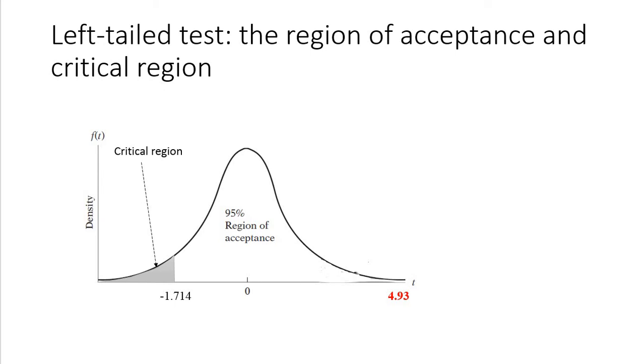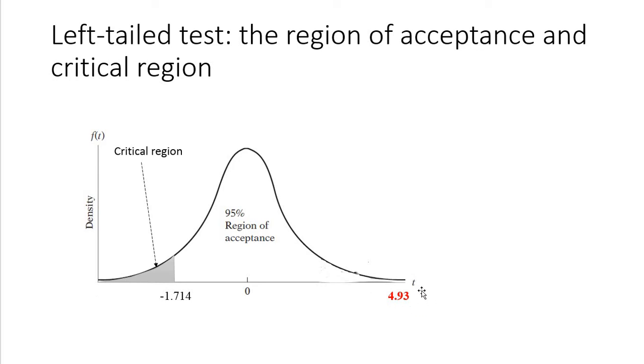We can depict those values on t-distribution. So now this is the critical region, to the left of the negative 1.714, region of rejection.